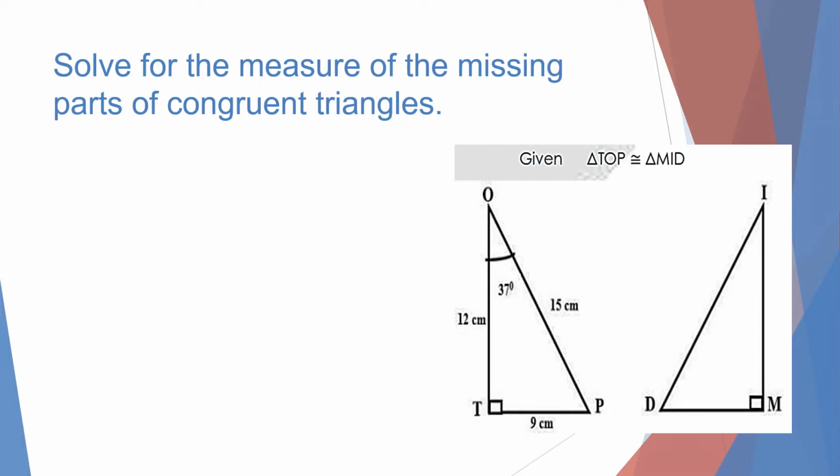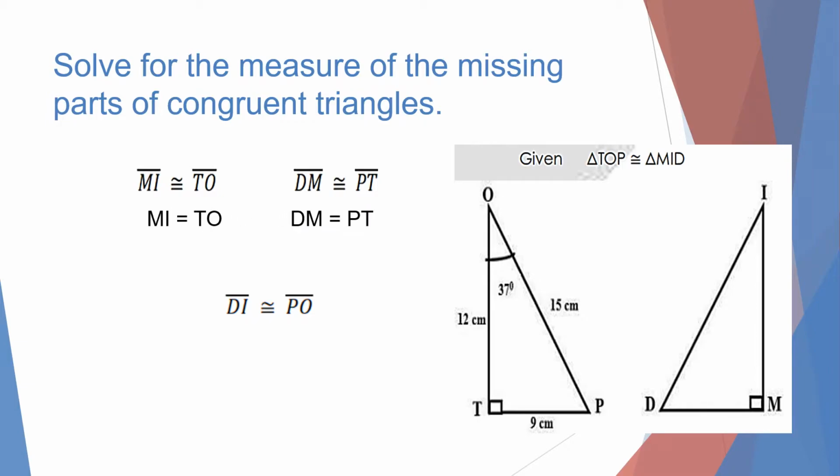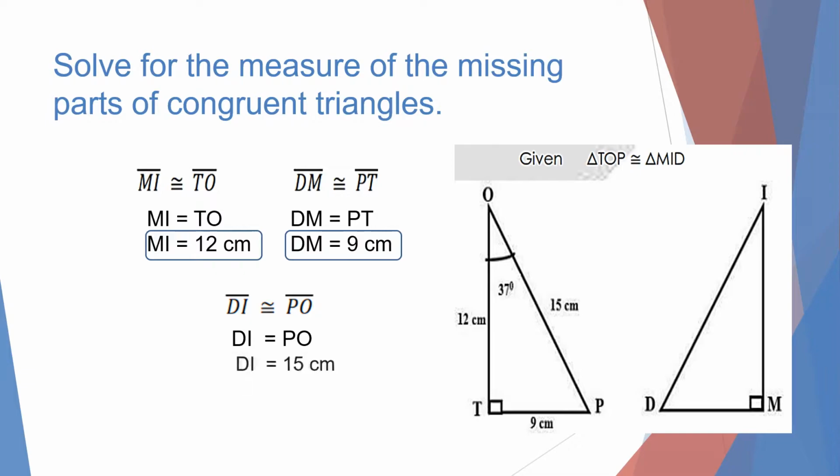Upon flipping, you will realize that the congruent parts are this. We have the congruent parts. Sa sides muna tayo. MI is congruent to TO. Then DM is congruent to PT. And DI is congruent to PO. Yun yung mga congruent parts.